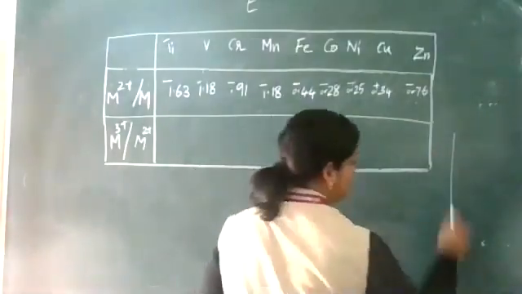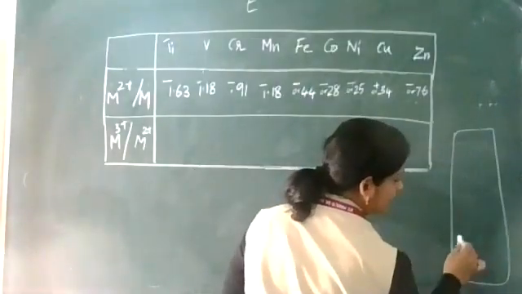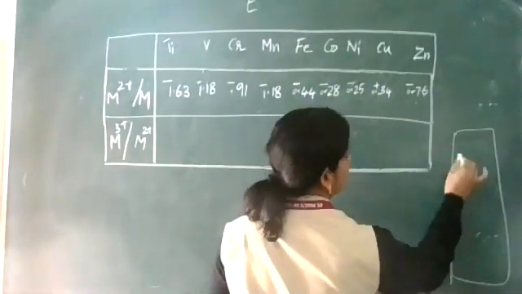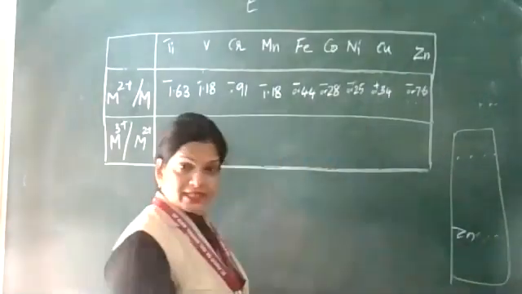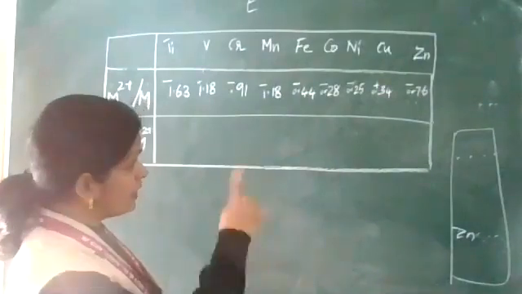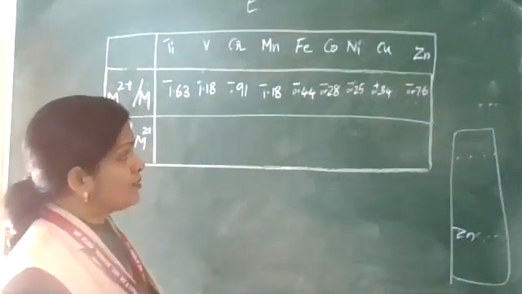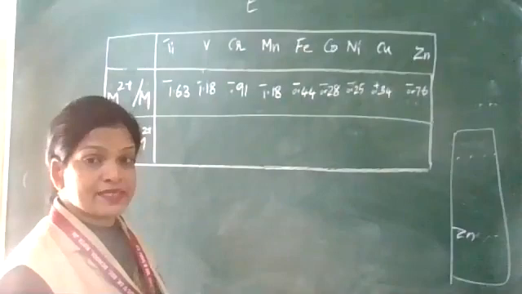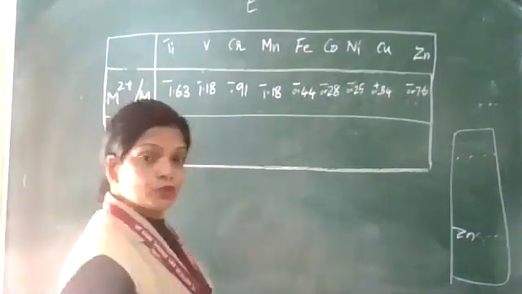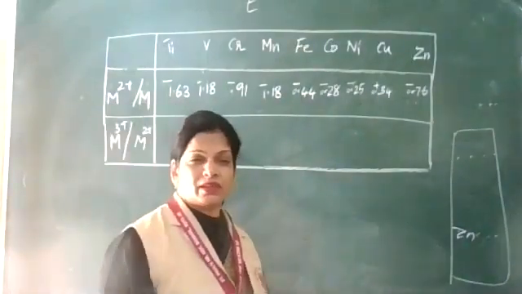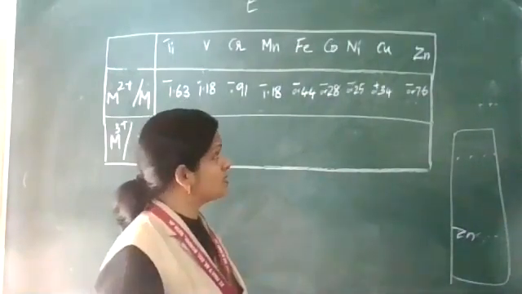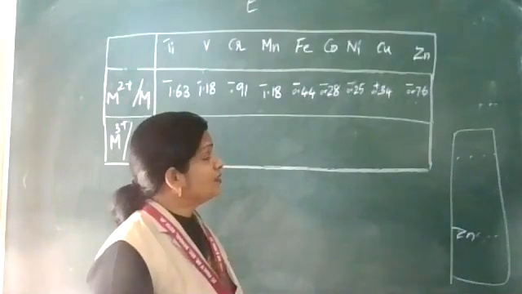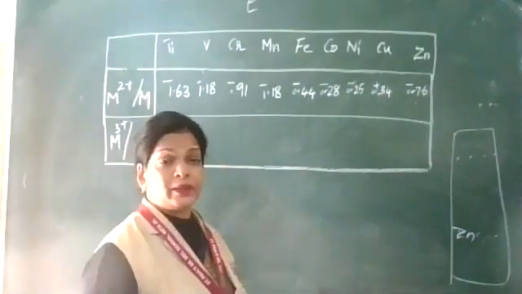In the electrochemical series we wrote zinc down and copper up, and we said zinc releases 2 electrons very easily. The value of zinc is minus 0.76, and copper is plus 0.34. Copper will not release those 2 electrons easily, as it has a positive value.